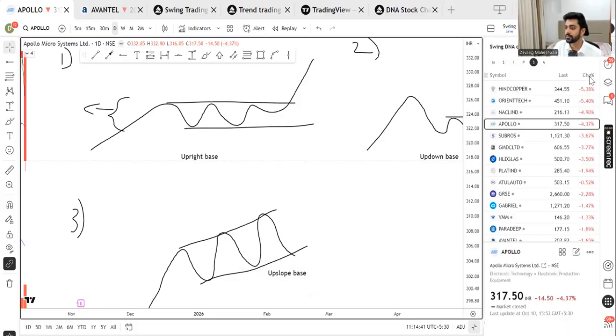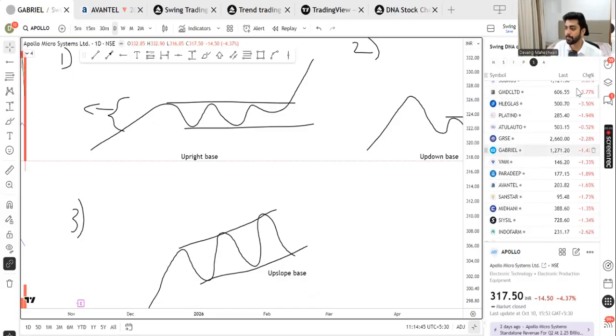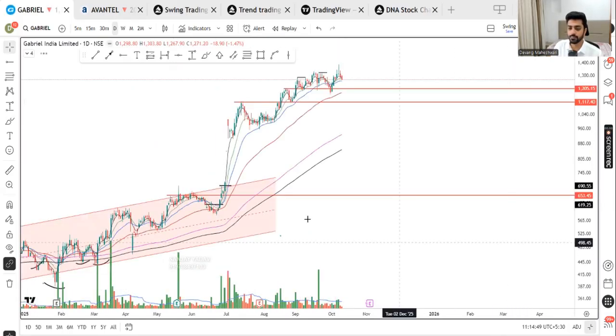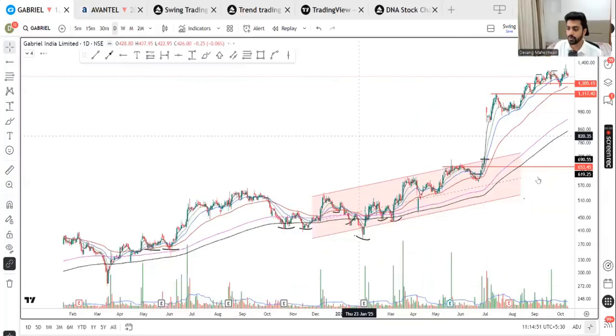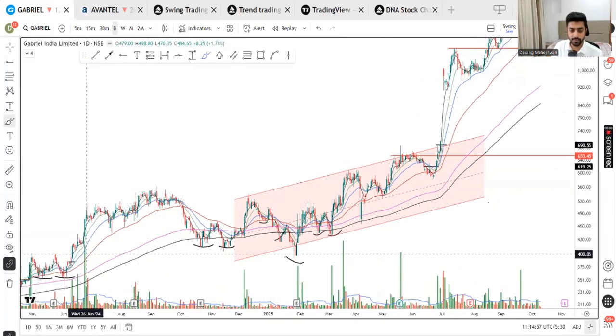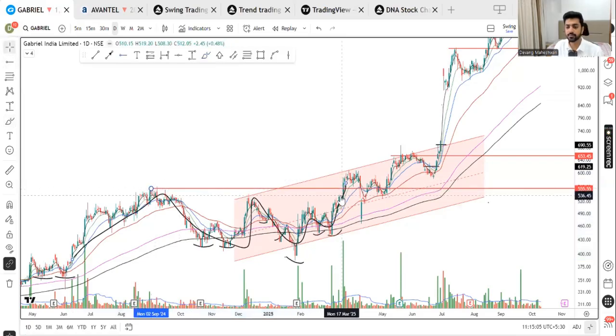Now let's see some examples and let's try to identify. So look up here, it's already drawn, but still understand up here. This was uptrend, then it went down. Here nothing happened. Here it tried to move up, breaking this.